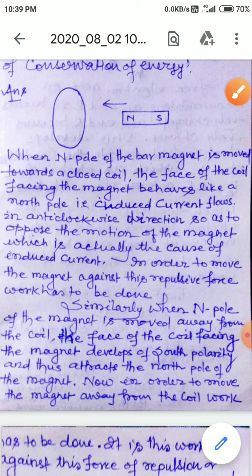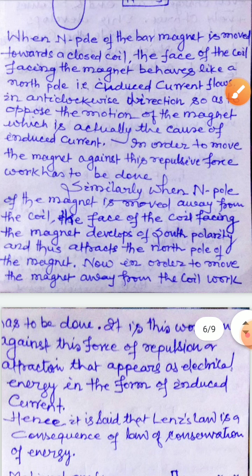Similarly, when the north pole of the magnet is moved away from the coil, the face of the coil facing the magnet develops a south polarity. That is, induced current is set up in clockwise direction so that the face should behave like a south pole and attracts the north pole of the magnet moving away.